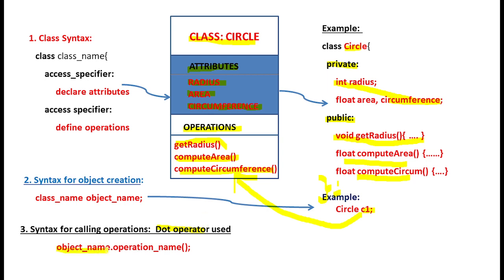So you have to use the object first, afterwards you take your dot operator, then connect the operation which is to be executed. This is the operation calling, as in function calling of member functions. In C++, operations are known as member functions. So we use the dot operator to call member functions when required.